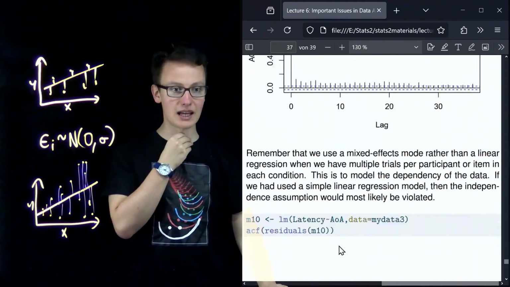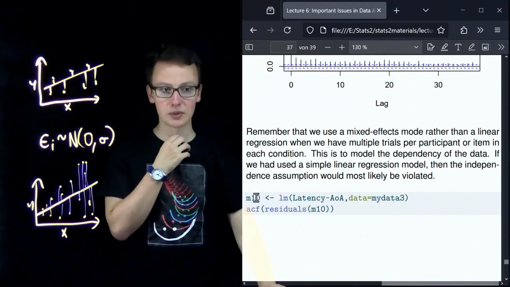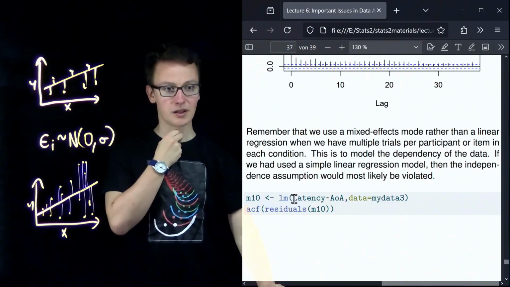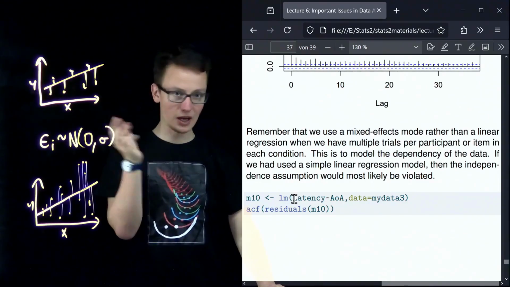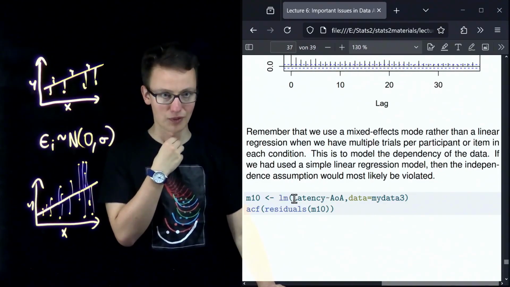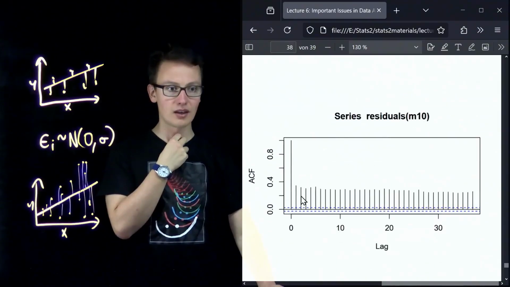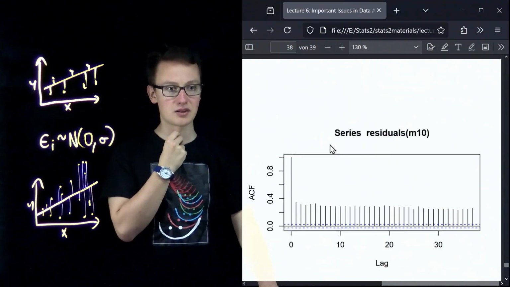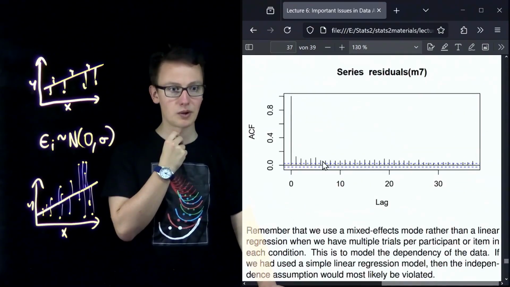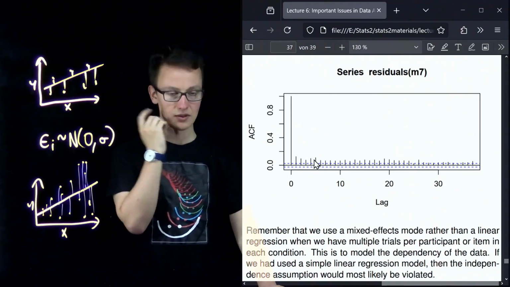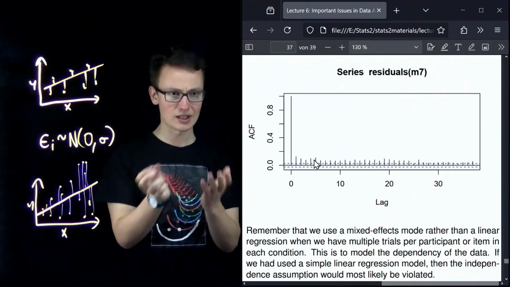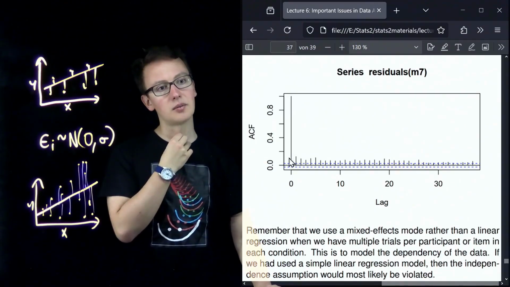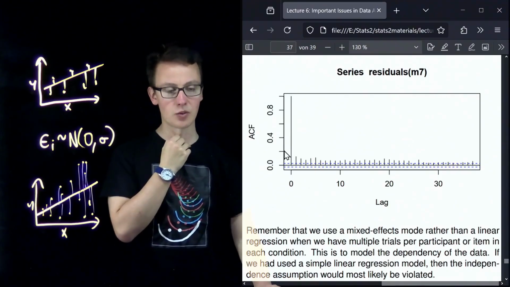So if we run ACF on a model where we do what we shouldn't do, which is a bad thing to do, to fit a model on repeated measures data without aggregating and without accounting for random effects, then we would see this much higher autocorrelation. With the linear mixed model, we have a very nice situation because we are taking into account the hierarchical structure of our data, so our autocorrelation is barely even crossing 0.2.